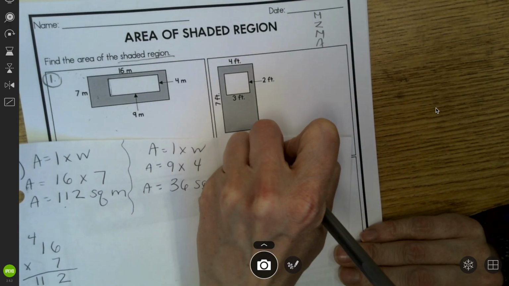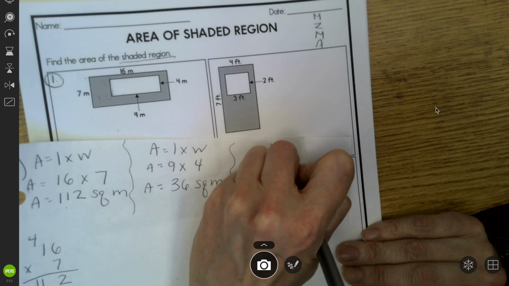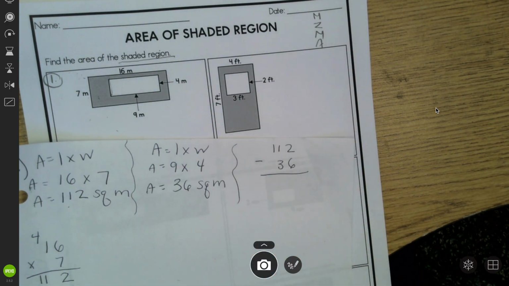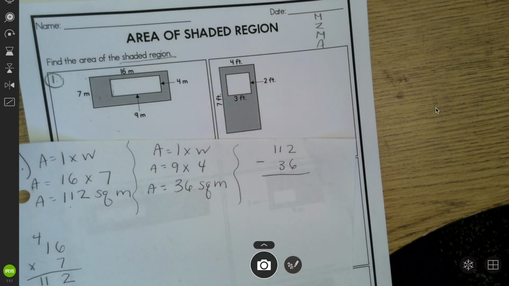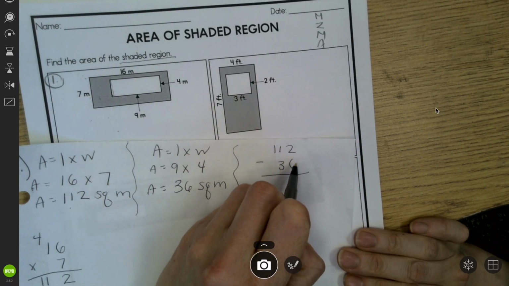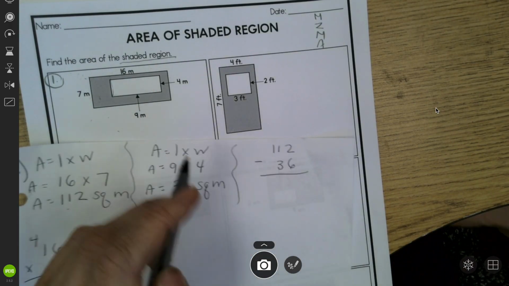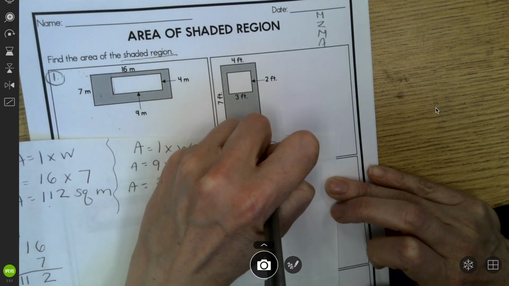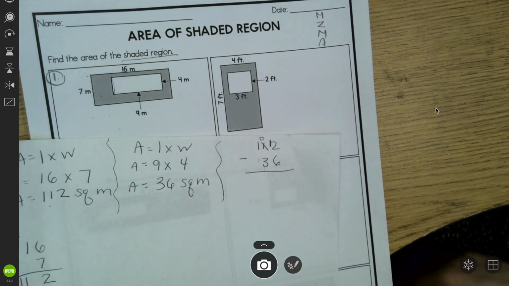So 112 minus 36. And I'm writing it vertically. I'm lining up my ones, my tens, my hundreds, so I can subtract. 2 minus 6. I cannot take 6 from 2, so I need to go next door and borrow a 10, and my 2 becomes a 12.